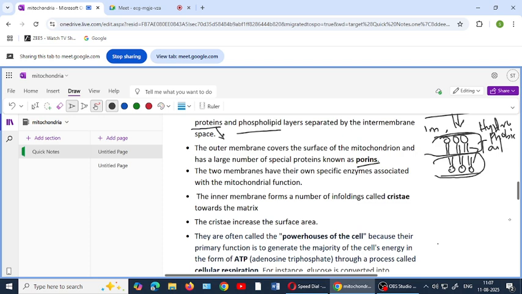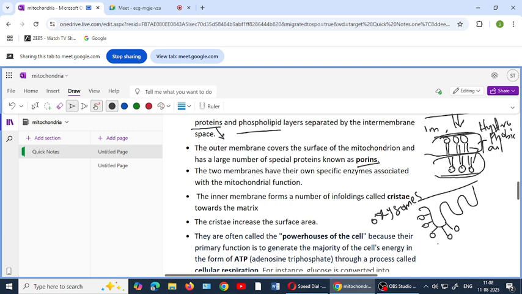Here we told that those which have this kind of structures are called oxysomes. What is present here in oxysomes?